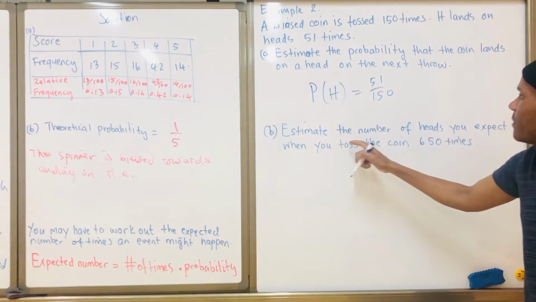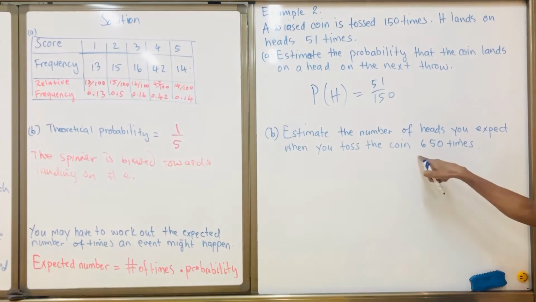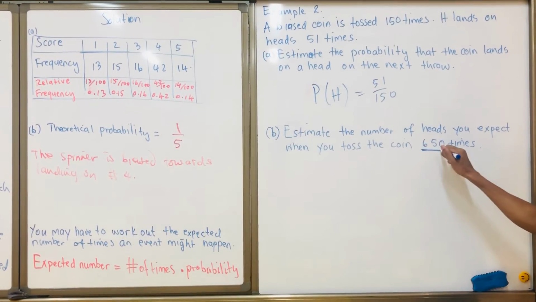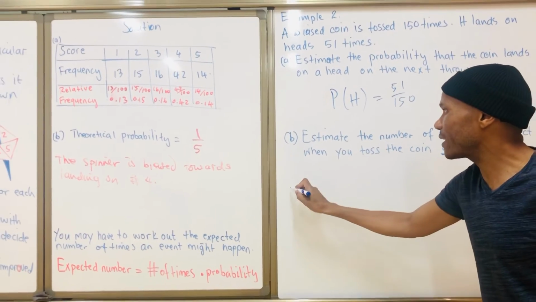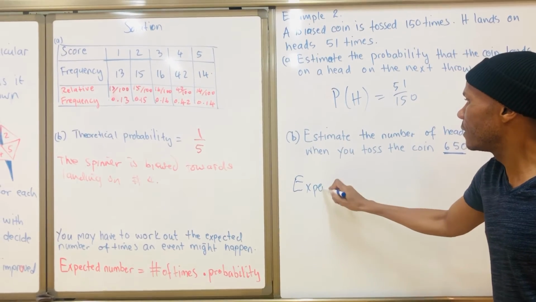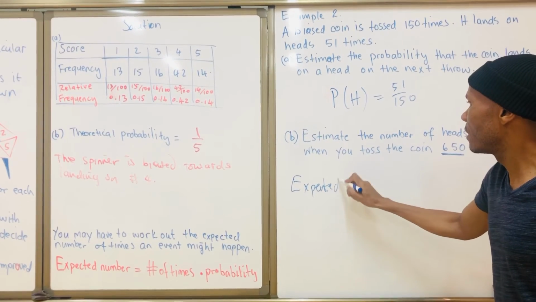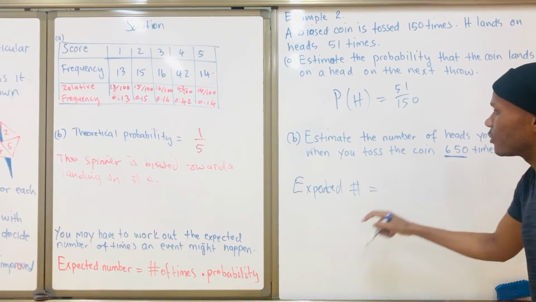And then estimate the number of heads you expect when you toss the coin 650 times. And this is what we are going to use. We are going to use the formula. The expected number will be equal to the number of times.